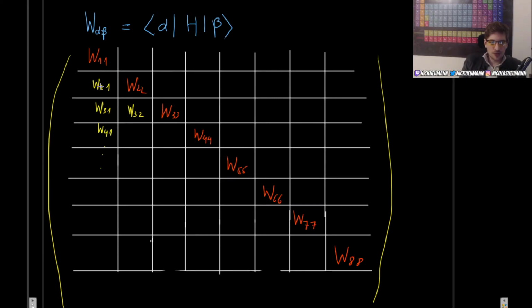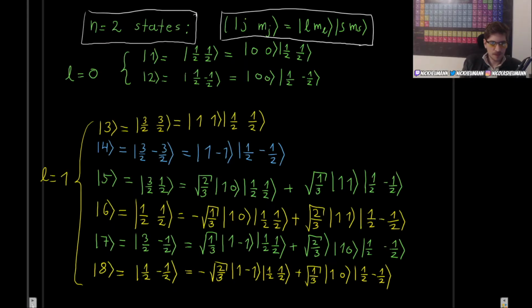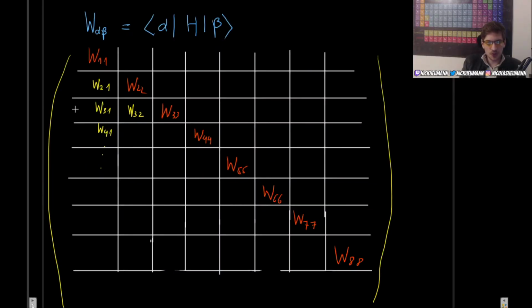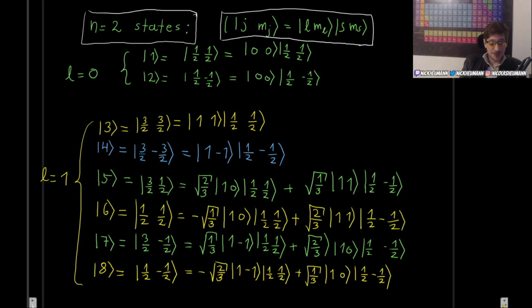And if we have a W21, then alpha would be state 2 and beta would be state 1. What would happen in that case? Well, states 2 and 1 are different states, so they are orthonormal, and thus their inner product will be 0. And in fact, that is going to be the case for basically all of the off-diagonal terms. Luckily, otherwise it would be annoying.